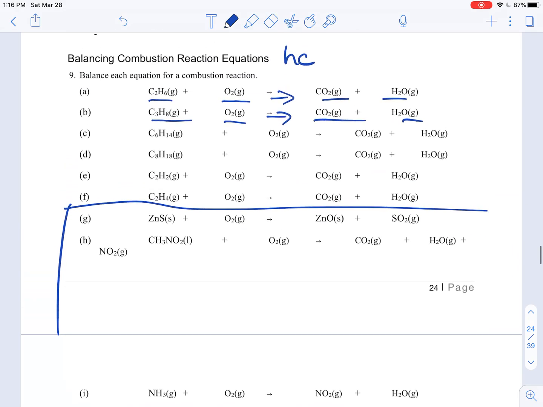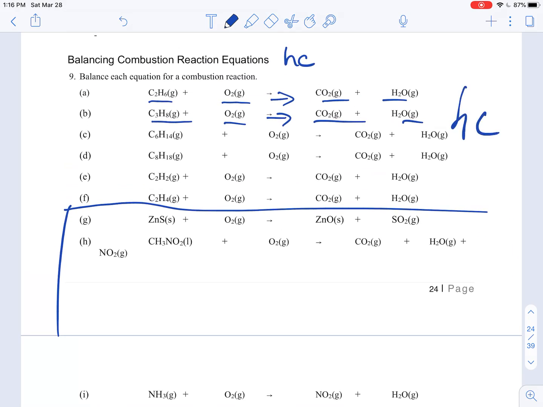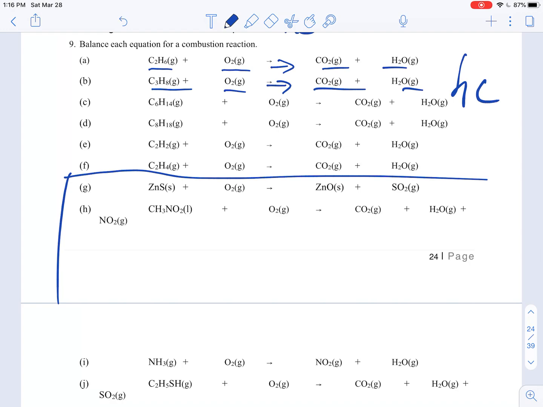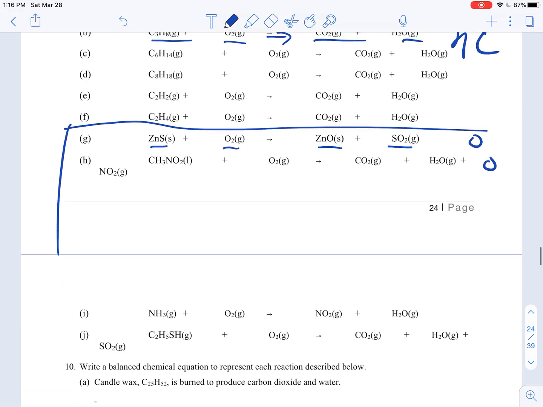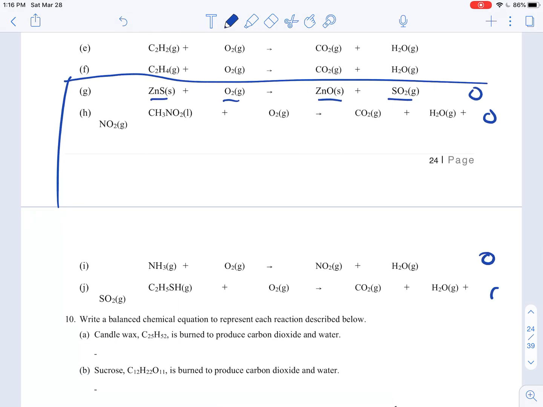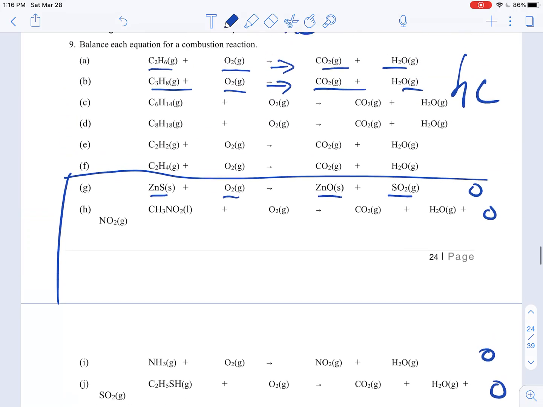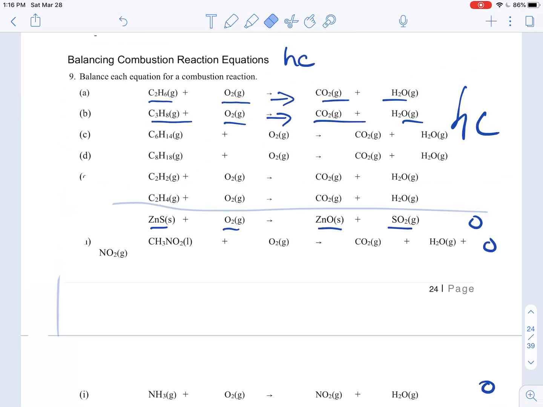After this, they are not hydrocarbon combustions like all of these are, because we see that it's some compound, an element, and forming 2 other compounds. So that would be considered an other, as is the case for H and I and J, which you can see a lot better on your notes than you can see here.